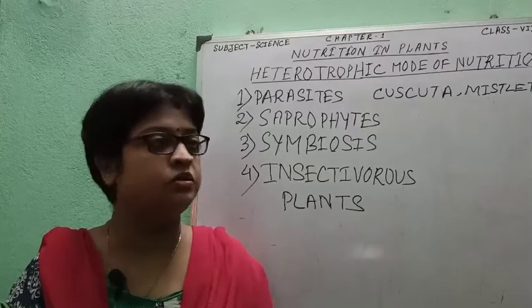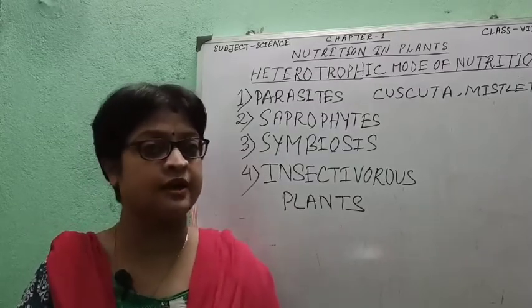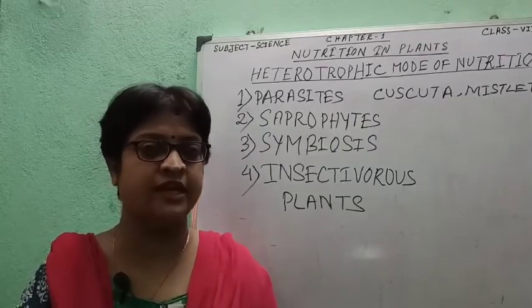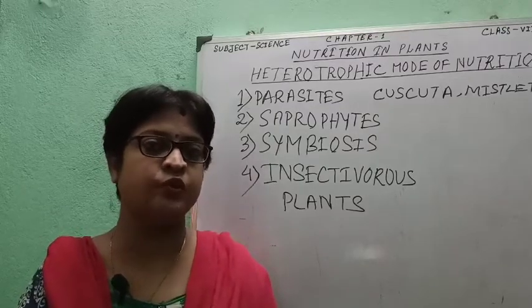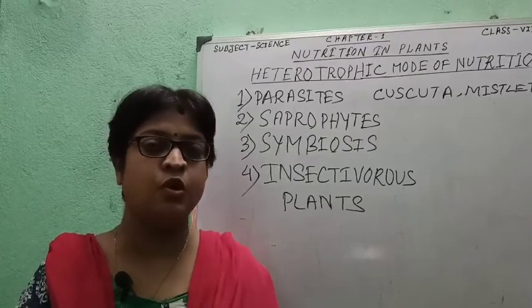Let's know about Cuscuta. Cuscuta is a yellow colored plant and it doesn't have chlorophyll. So that's why it cannot make its own food. It obtains its food from the host plant.